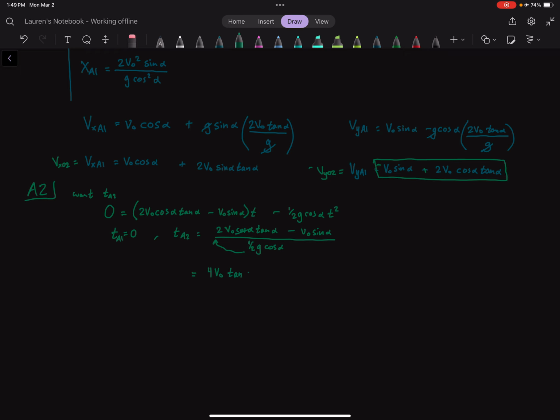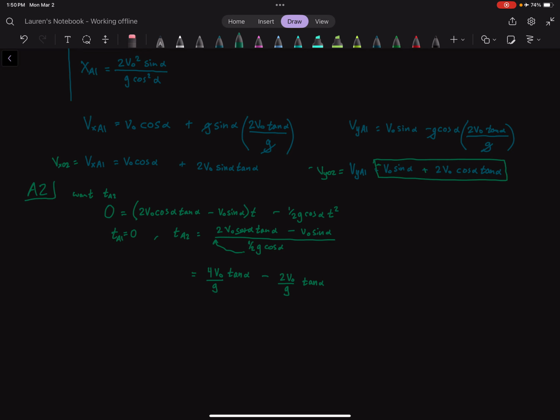Tangent alpha minus, we have a 2 v naught, and let's see, and we have a g under here, 2 v naught over g, and we have a sine over cosine, so that's tangent alpha. Did I do this correctly? I believe so.